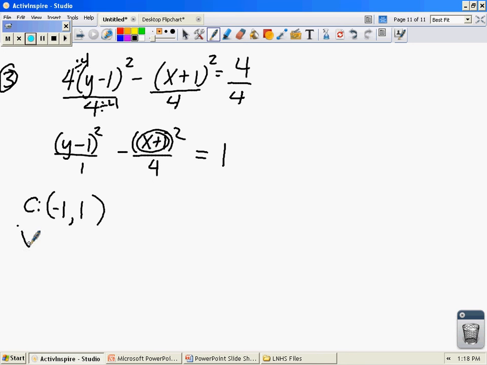All right, and then we have the x radius. Careful with that. What's the x radius? It's the one under the x. So it's 2. And what's the y radius? That would be the 1. Now we're ready to graph.